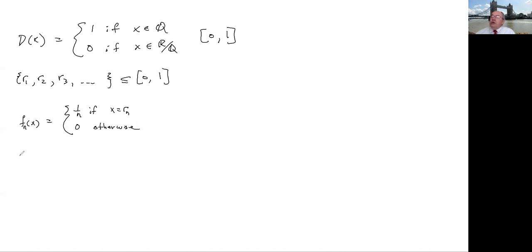Okay, so then I want a new function, we'll call it f of x, that is the sum from n equal 1 out to infinity of these functions, f_n of x.